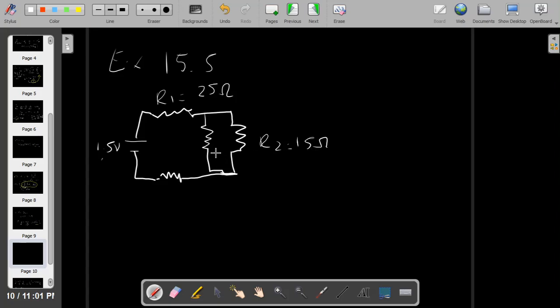The resistance right here, maybe put it right here, 11 ohms is going to be our resistance 3. Okay. And our last resistance 4 right here is going to be 35 ohms.